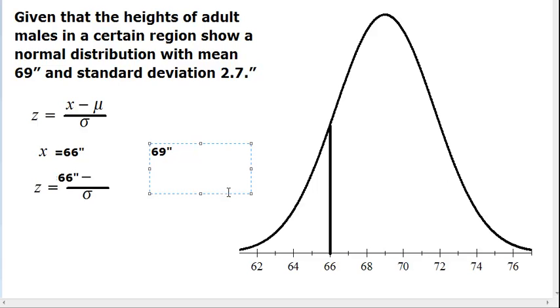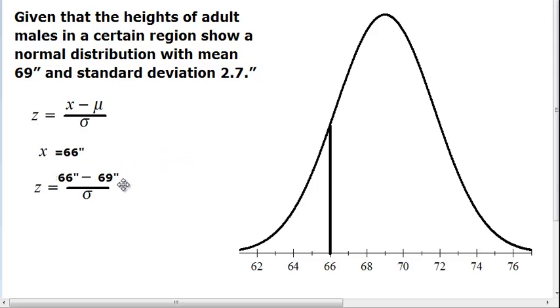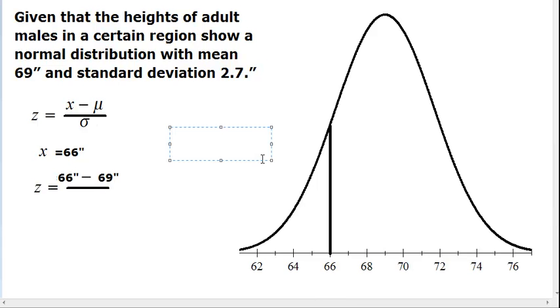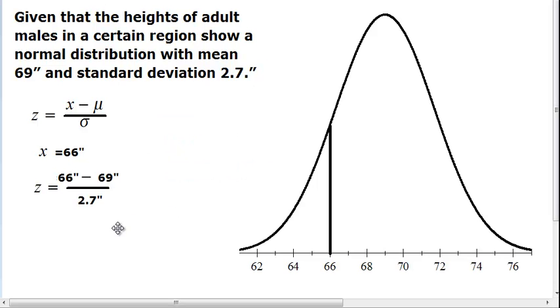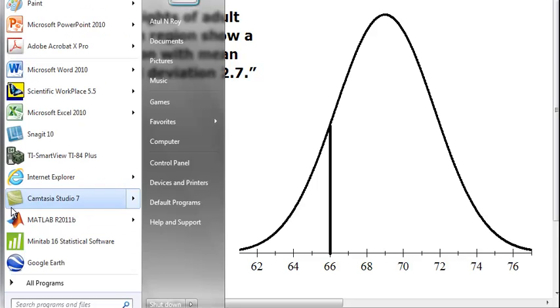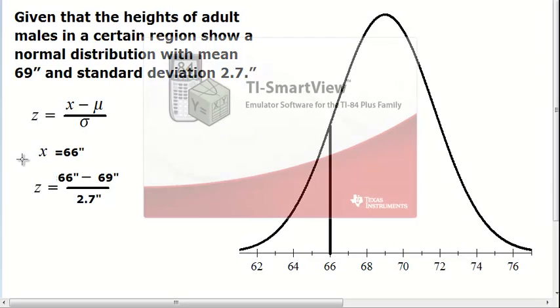We don't have to keep on saying inches and inches, but I am writing it because it will show us some use in a moment. Okay. So then what happens? We will have 2.7 inches on the bottom, right? Everybody fine? Okay, and then I'll use my calculator just to get it quickly.